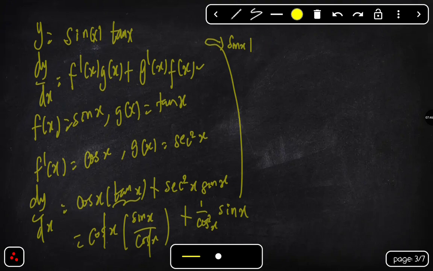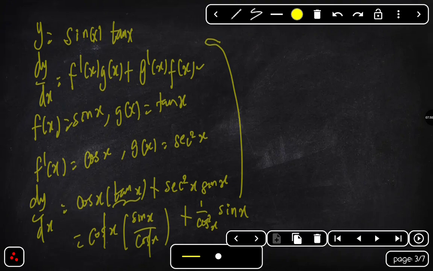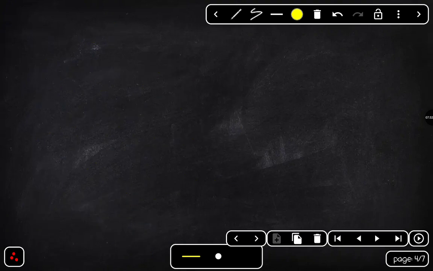Sorry, this space is very small for that. Let's move to the next page so that we can have enough space to write. So what you're going to have will be sine x plus 1 over cos square x times sine x.